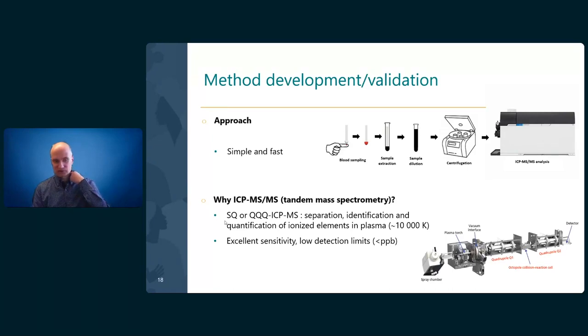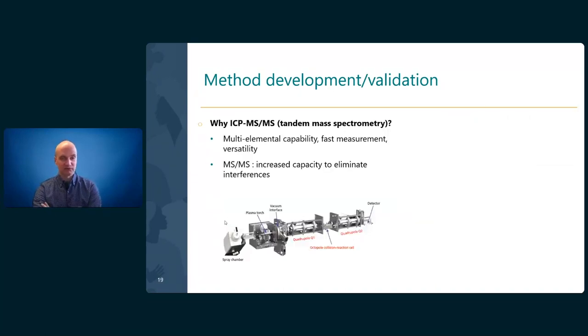This technology gives very good sensitivity, so very low detection limits for some elements, even ppt. For most of them, sub-ppb. And there are other advantages like the multi-elemental capability. For a method with, let's say, 40 elements, you can run a sample in less than 4 minutes, which is quite fast, but also its versatility.